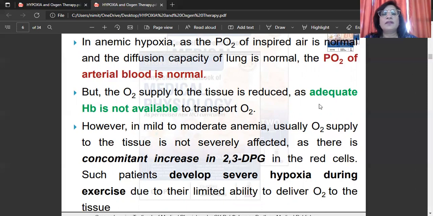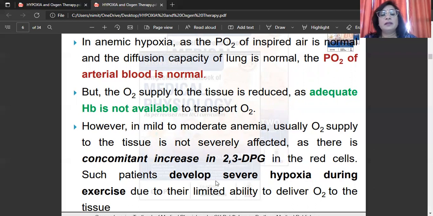To conclude, the PO2 of the inspired air is normal and the diffusion capacity is also normal, but adequate hemoglobin is not available for the transportation of oxygen. In mild to moderate anemia, there is an increase in 2,3 DPG in the red cells.